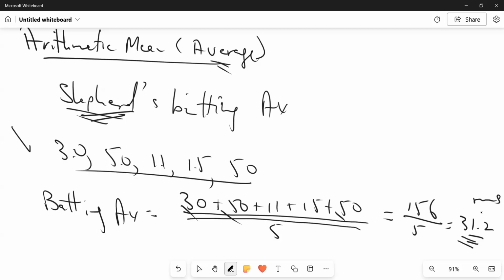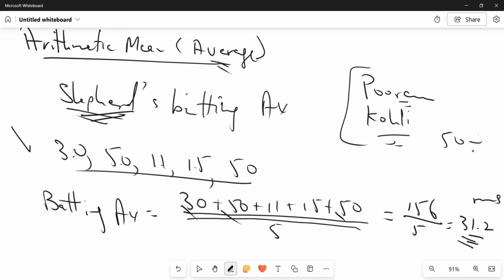People who have high batting averages, like Nicholas Pooran and Kohli, their batting average is 50 and over. That's why, when it comes to buying them for tournaments, you have to pay hundreds of thousands of US dollars.